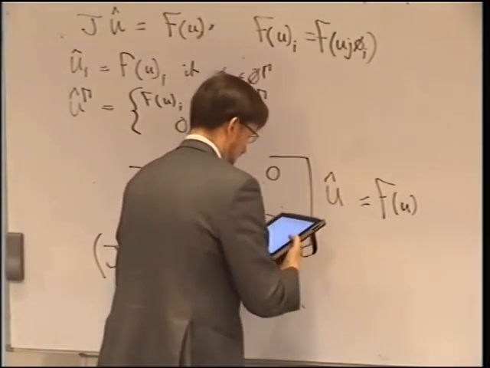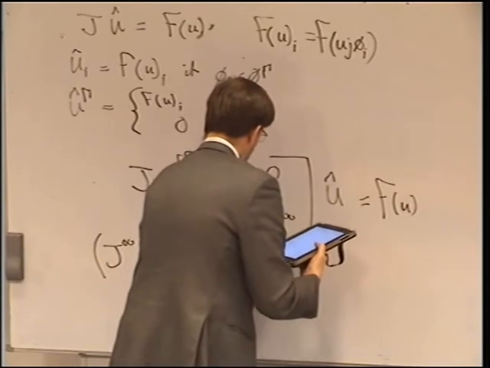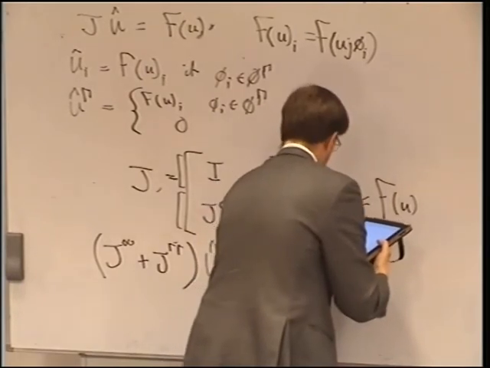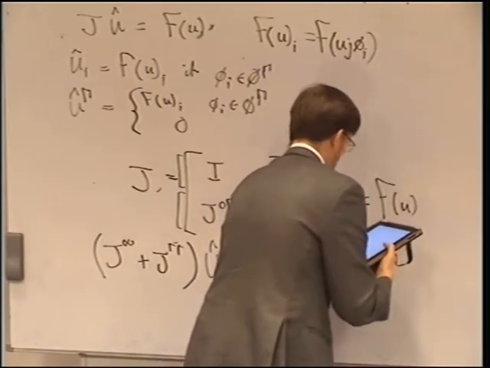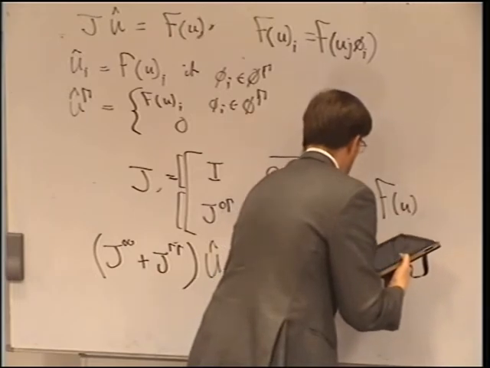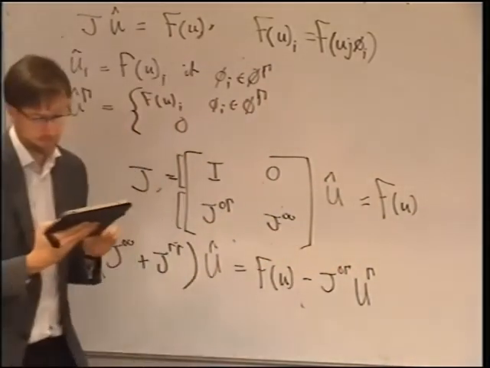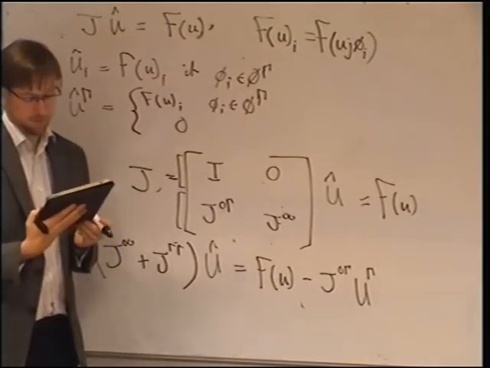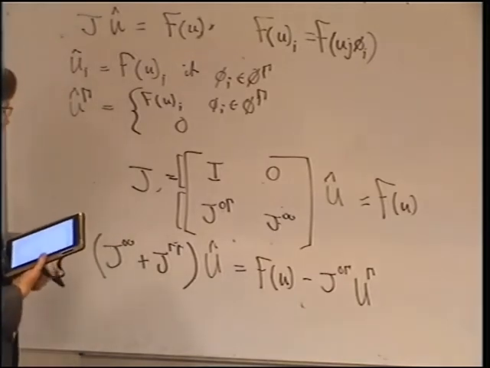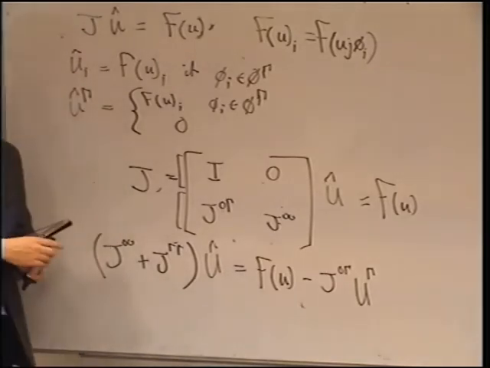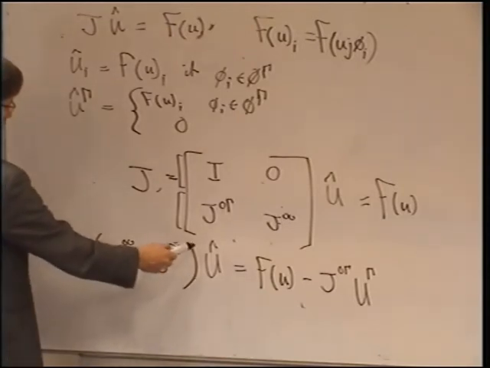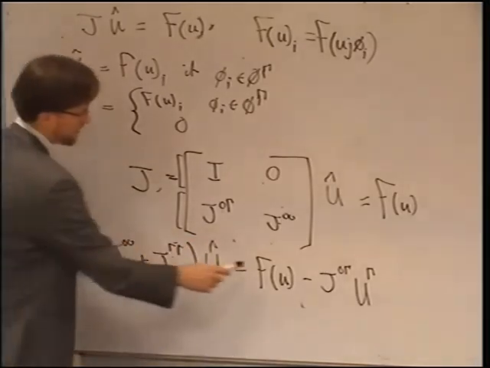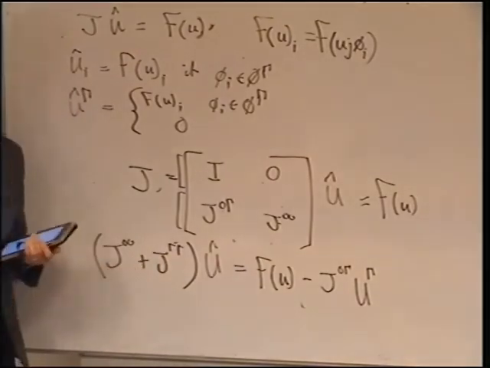Times u hat is equal to f of u minus J0 gamma u gamma. So now I've got a solution algorithm for my system. I've got a matrix times a vector equals a known vector on the other side. That's a vector, and that produces a vector. I can subtract them off each other.